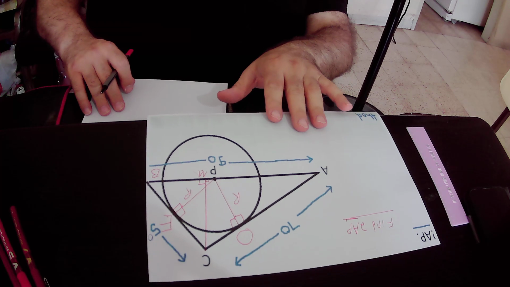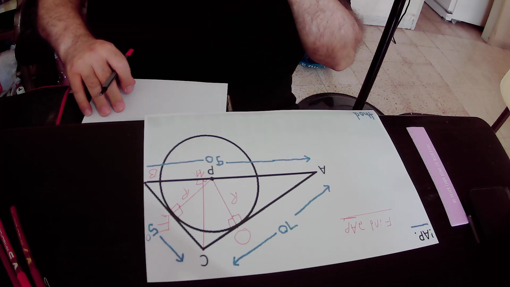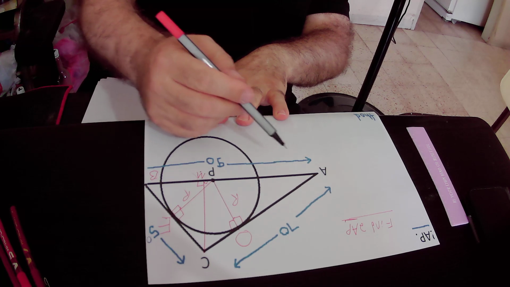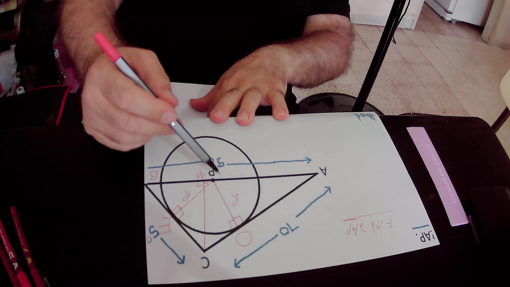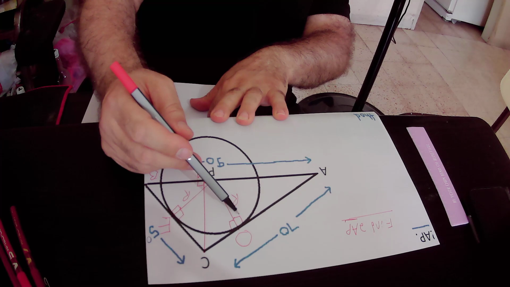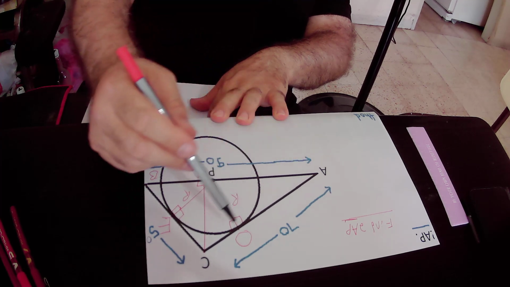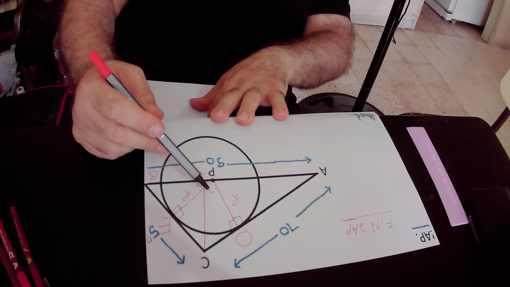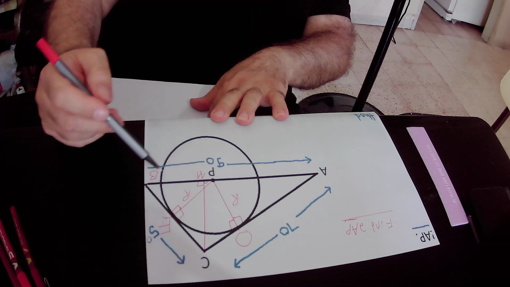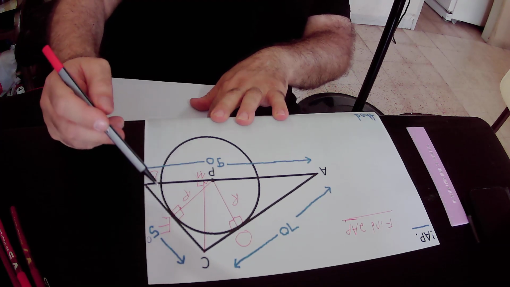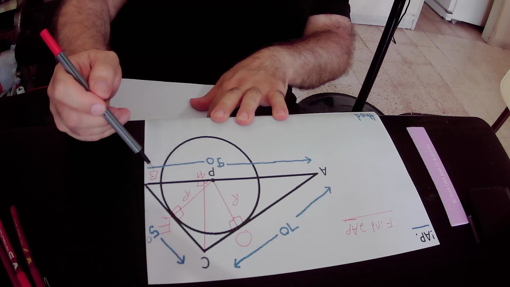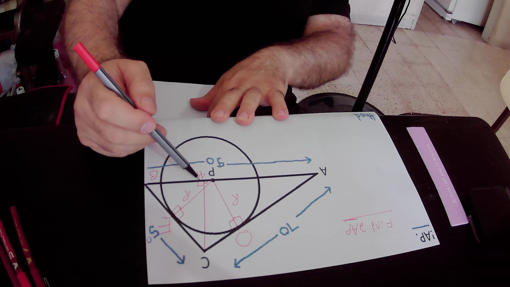Or I can say that APO is a right triangle, that is the first one, and also ACM is a right triangle, that is the second one, and BEP is a right triangle, this is the third one, and BCM is the fourth one.